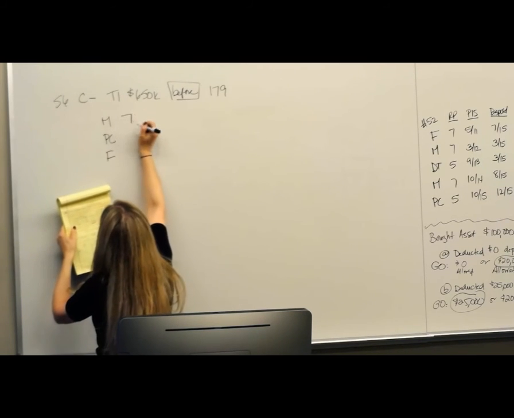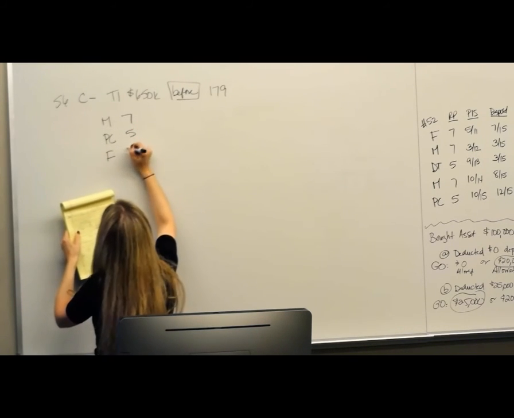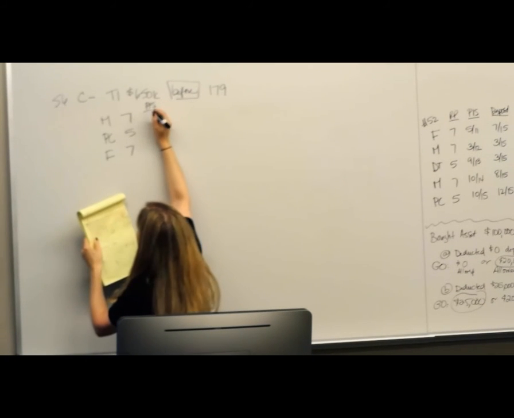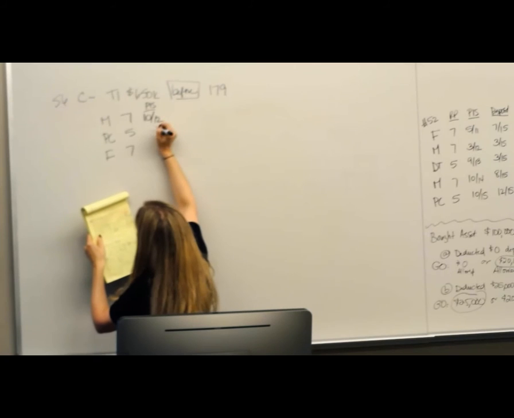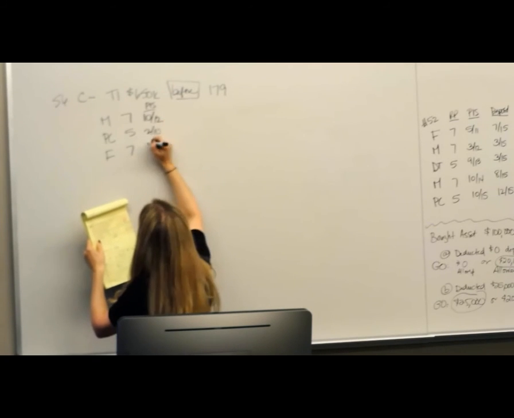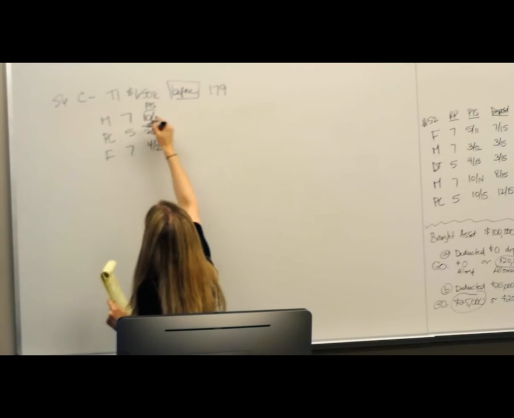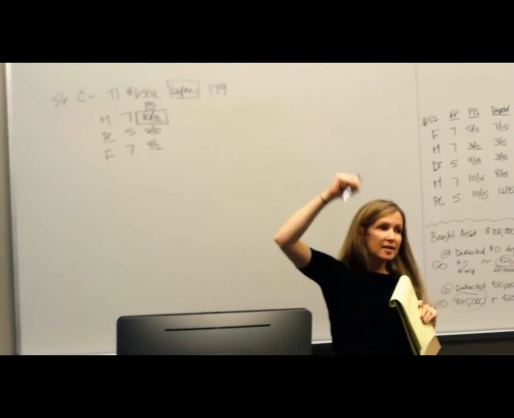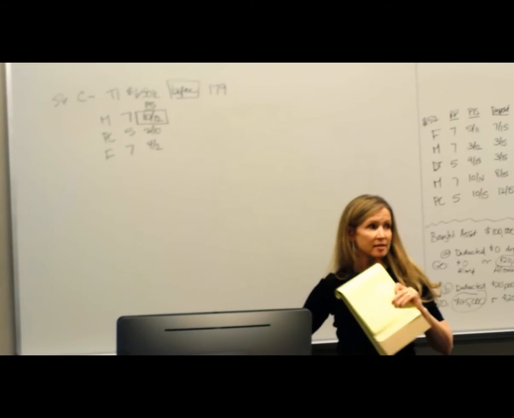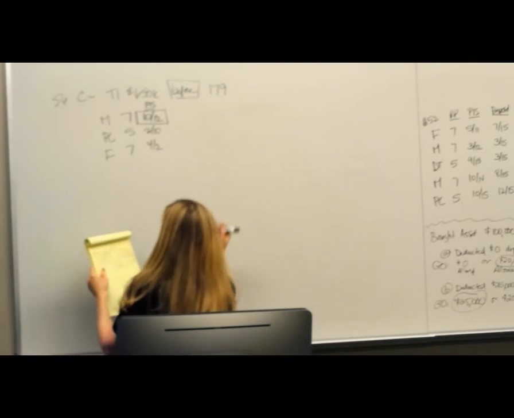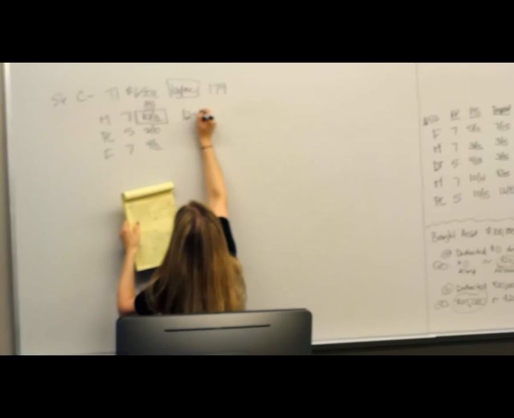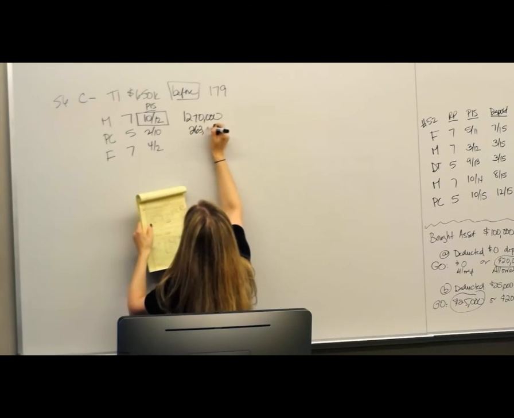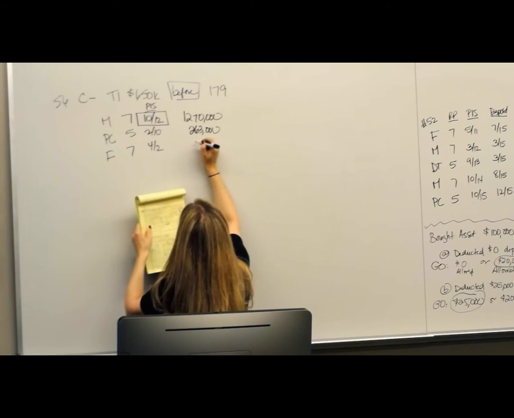And guys, our recovery periods are 7 years, 5 years, and 7 years. I'm adding those in. These were placed in service on 10/12, 2/10, and 4/2. And right away, if I were you guys, I would be boxing that off because it's a fourth quarter asset. You should be wary of those fourth quarter assets. They may affect your conventions. And they tell us that they are worth this amount.